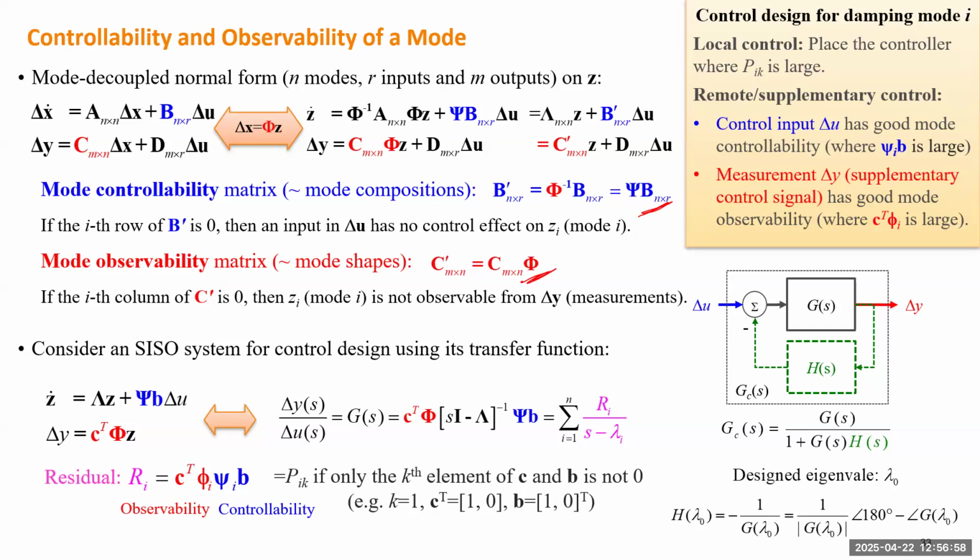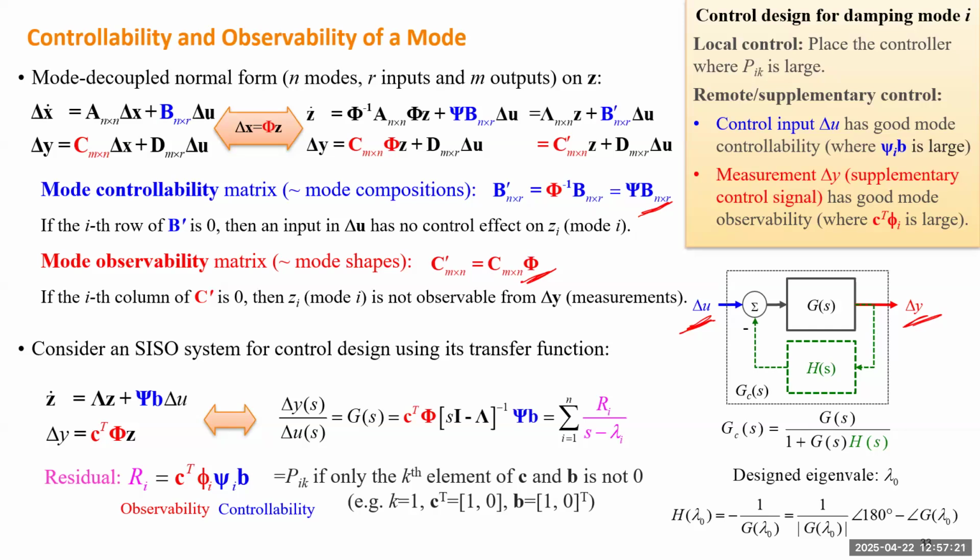Assume you have just a single input control, which receives the negative feedback from measurement data y. So u here should be the location which has the largest mode controllability, and y will be the location where you have the largest mode observability.